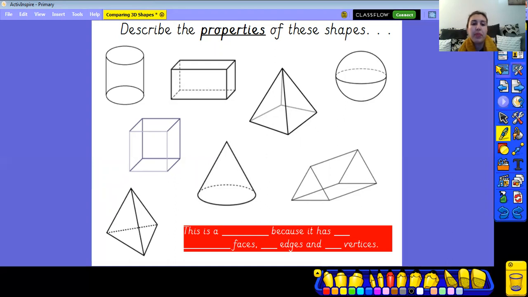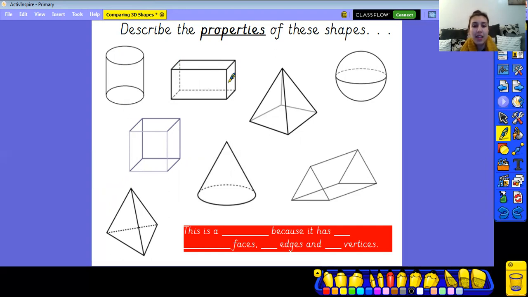Let's go through them. So this is a cylinder because it has 2 circular faces and 1 curved face. So it's got 3 faces altogether. It has got 2 edges and no vertices. This is a cuboid because it has either 6 rectangular faces or potentially 4 rectangular faces and 2 square faces, which is 6 faces altogether.